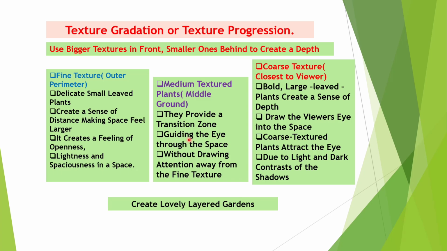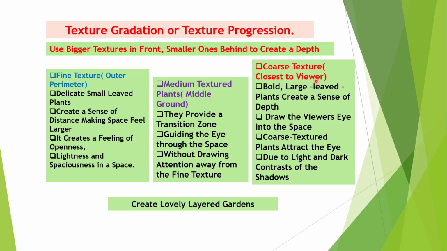And this can be explained with a simple example. Suppose you are looking down on a path. Now you have a path. At the front, you are keeping coarse textured, big-leaved plants. These coarse textured plants at the front of the path grab attention and look very close.